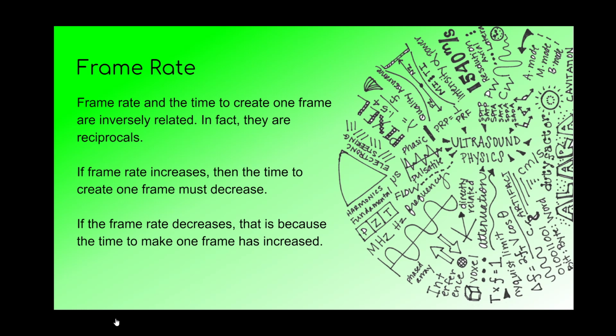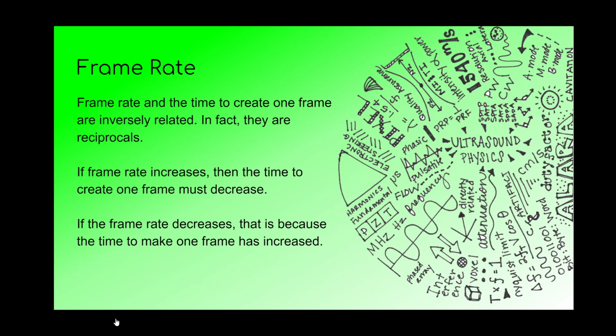So we relate frame rate and the time it takes to create one frame as two different time considerations, and we know that they are inversely related. They work just like frequency and period in that they are reciprocals. So if the frame rate increases, then the time to create one frame must decrease.